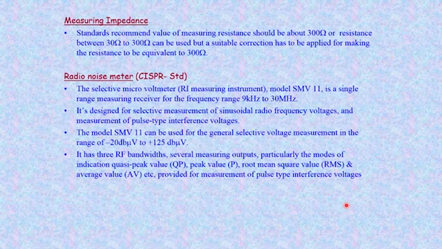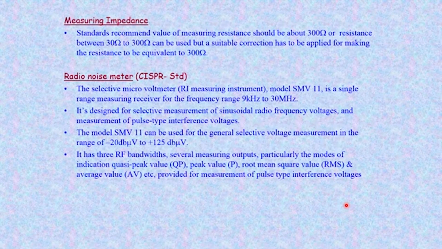The measuring equipment, the radio noise meter which is being used for the measurements, has to be as per the international standard CISPR. CISPR is the international standard for radio signal or communication measurements. So, it has to adhere to that particular requirement.